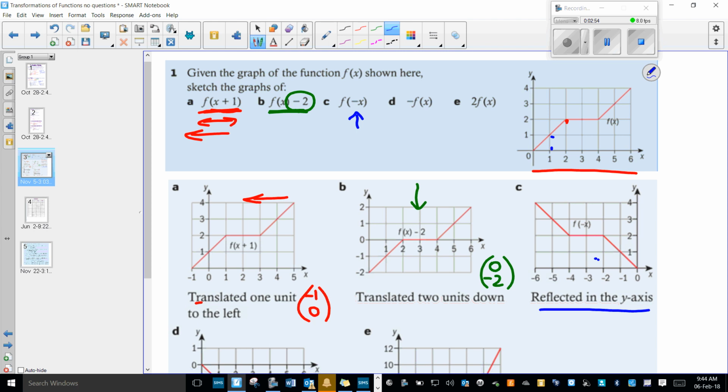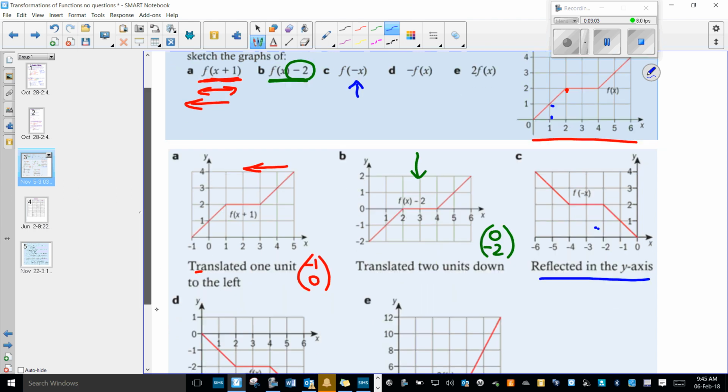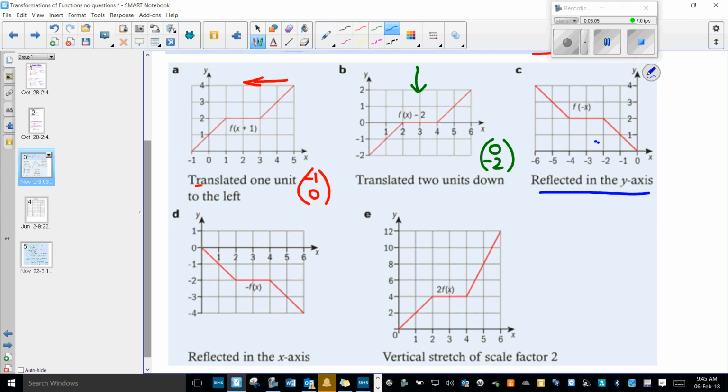Remember, you're just doubling your y value. So the whole thing is stretching by scale factor 2. And then (4, 4) goes to (4, 8). Okay, so this has been a vertical stretch of scale factor 2.